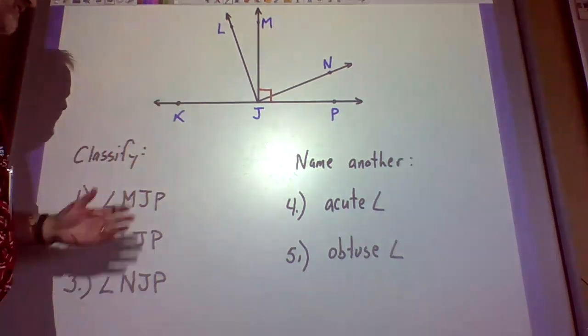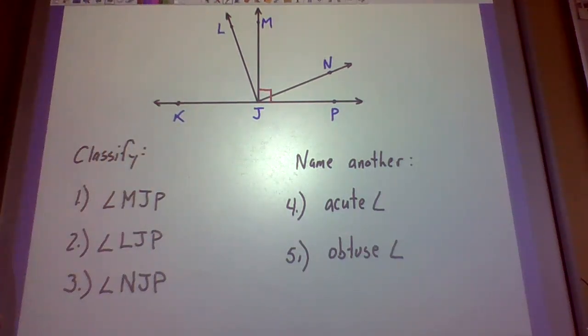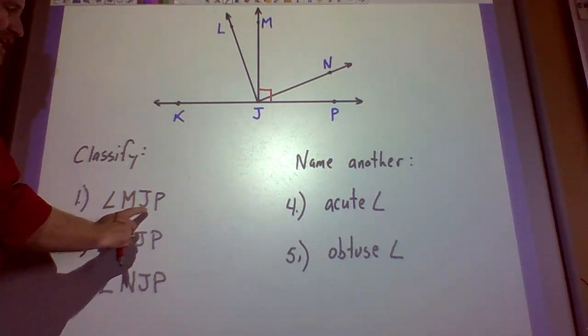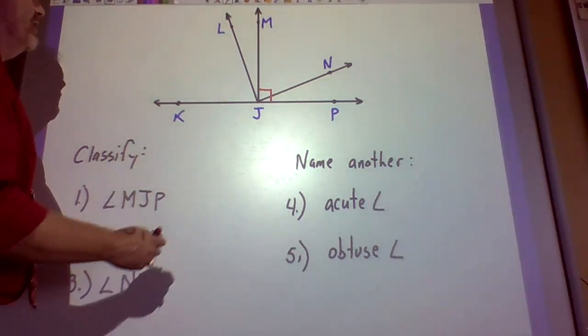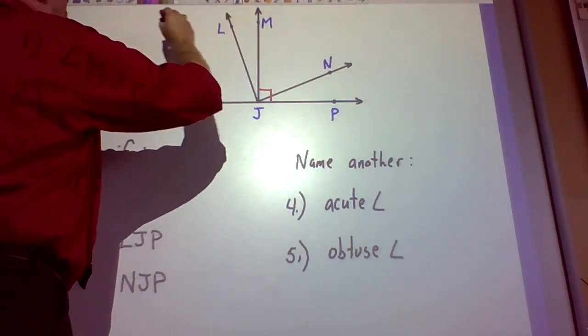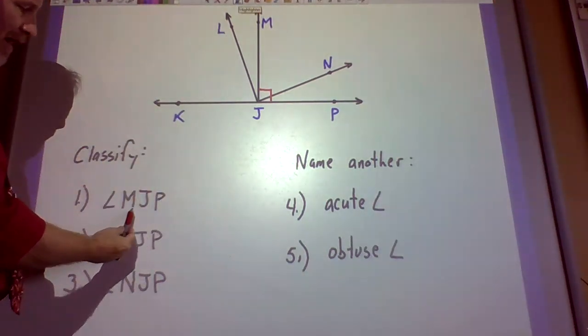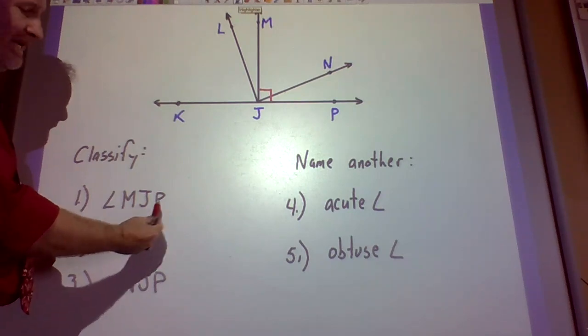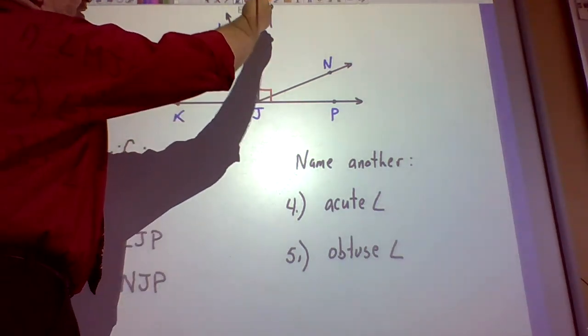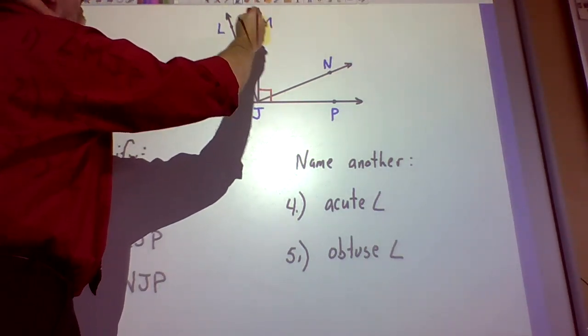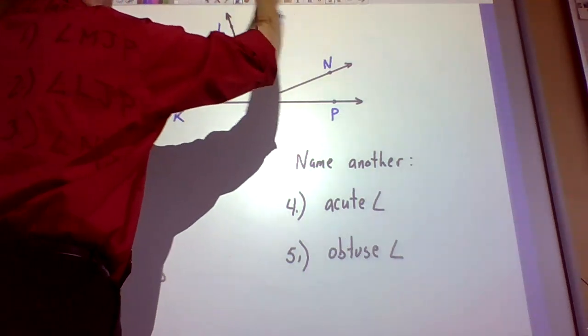All right, welcome back. Let's classify these. The first angle is angle MJP, and if you need to, you can highlight it to see what we're talking about. MJP, remember, you follow that order when you try to make an angle. So MJP would be this angle right here. Oh, wow, that's too big. Undo that.